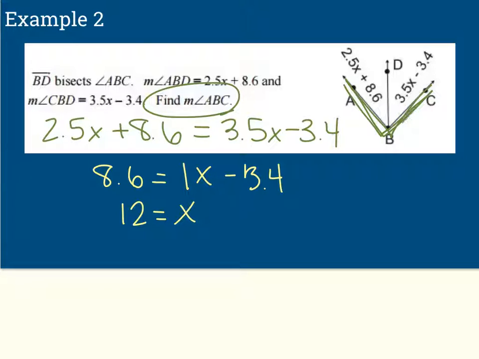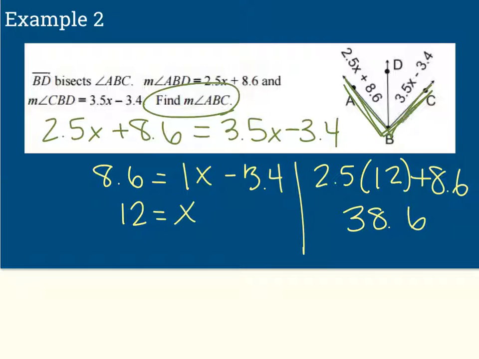Well, I notice ABC is actually the entire angle. So I need to know just one of those angles. So I'm going to use 12, and I'm going to plug it into just one of them. Again, you have to make sure you read the problem, because if you write down an answer that they're not asking for, it's not going to be correct.